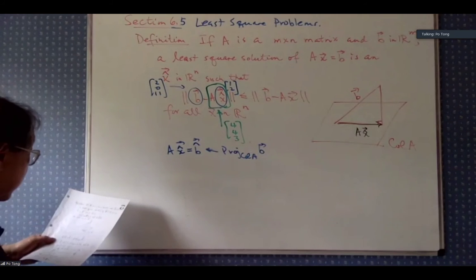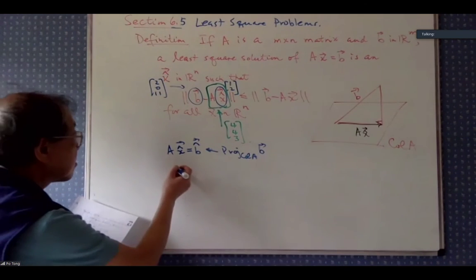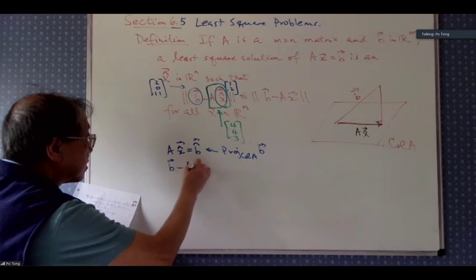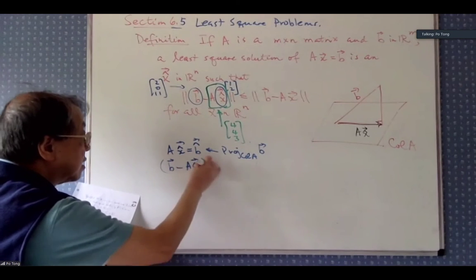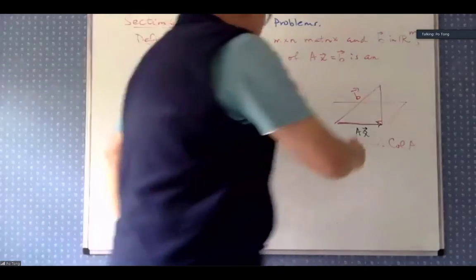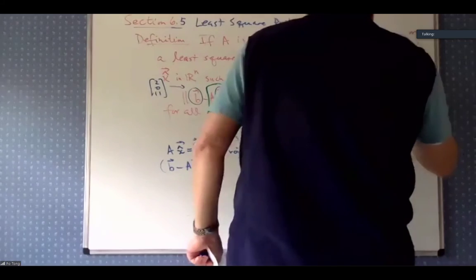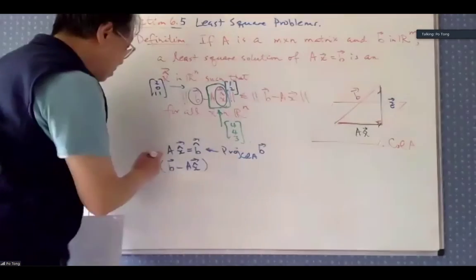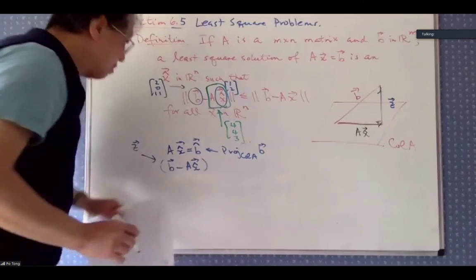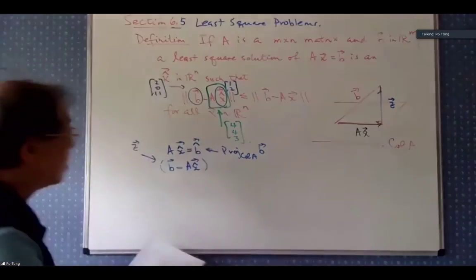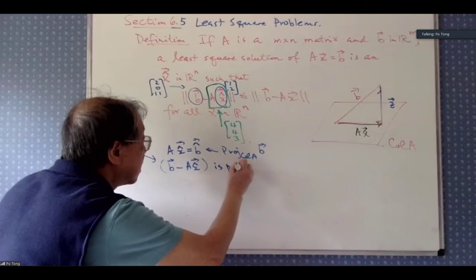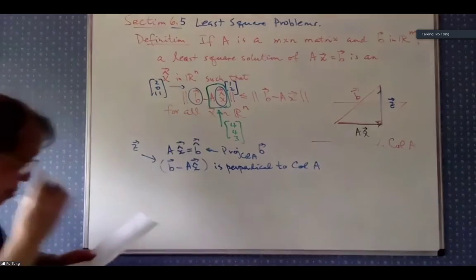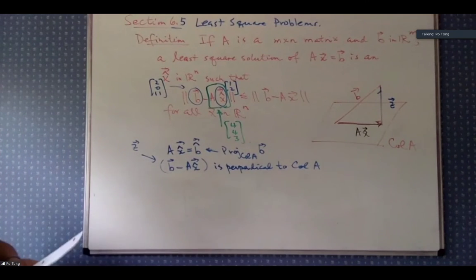What does it mean? That means B minus AX hat is this vector C. This vector C here is perpendicular to the column space of A. Do you guys agree with that?